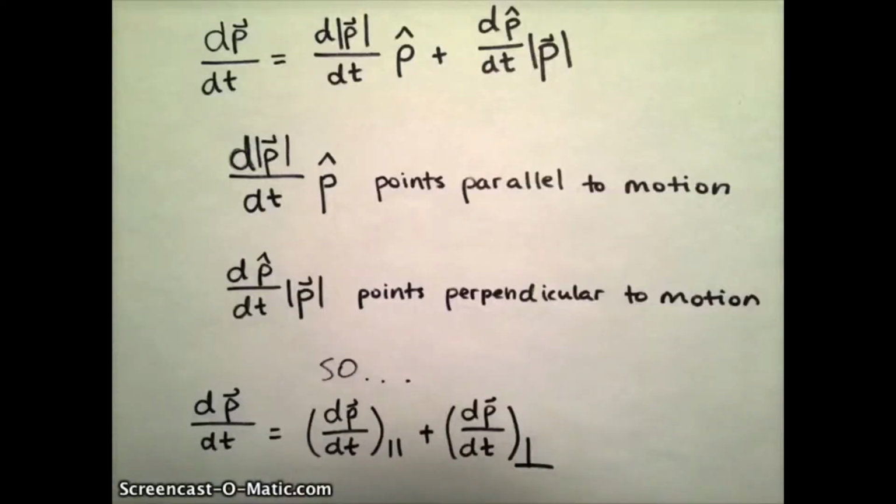Since we know that the derivative of the magnitude times the direction vector points parallel to motion, and that the derivative of the direction vector times the magnitude of momentum points perpendicular to motion, we can conclude that the derivative of momentum equals dp over dt parallel plus dp over dt perpendicular.